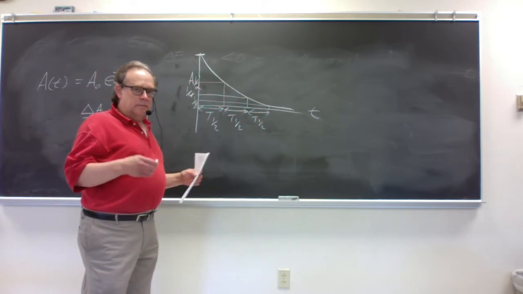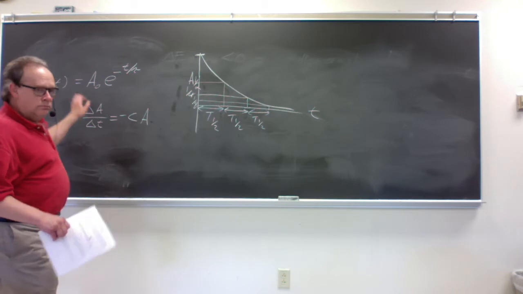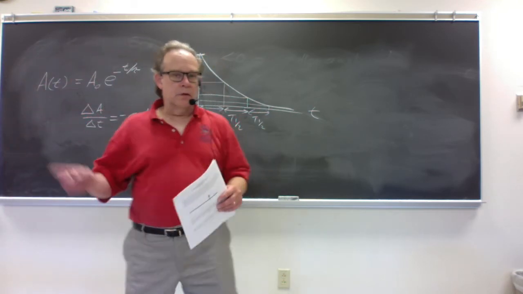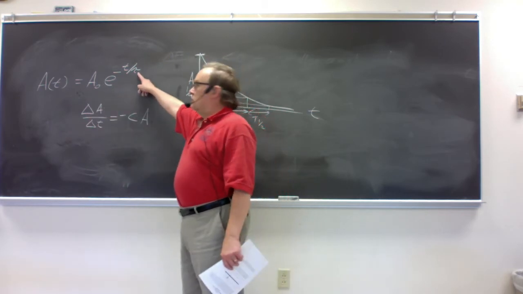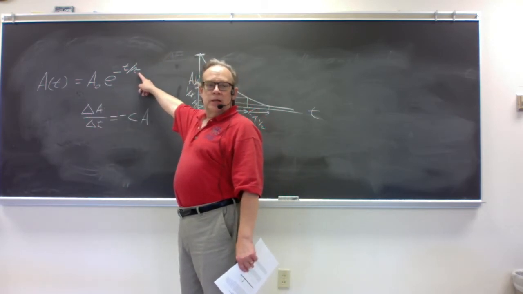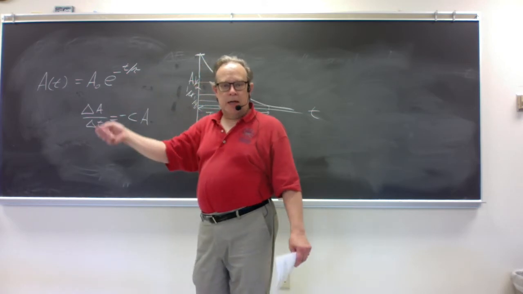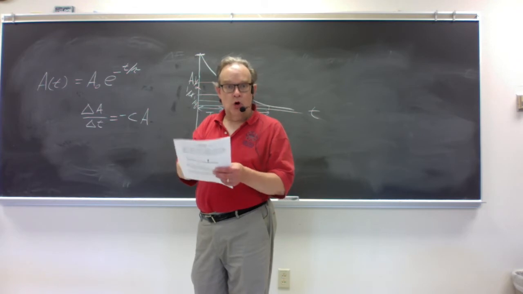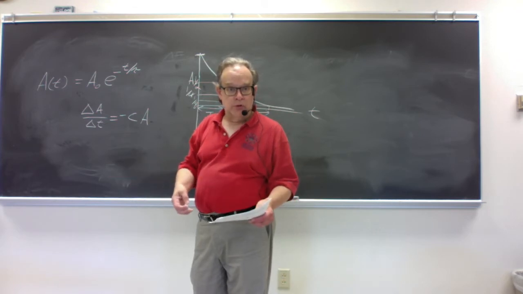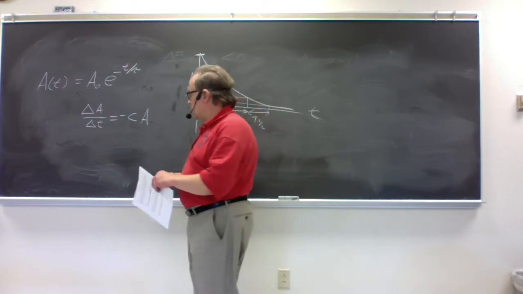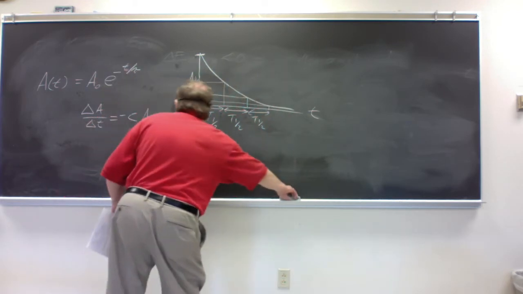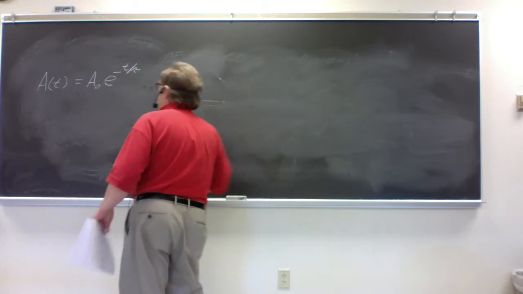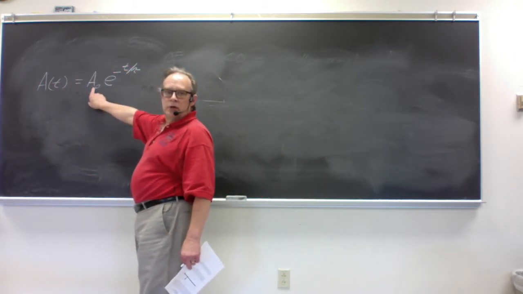Okay, now let's think in a little bit more detail about using this equation. Tau, this Greek letter tau here, is a length of time that we use to characterize how long it takes for an amplitude to decay. But first, let's think about the meaning of this number here, A0.